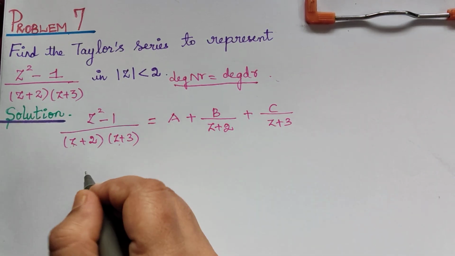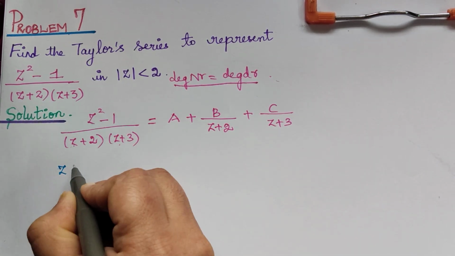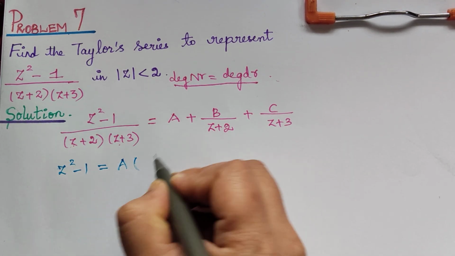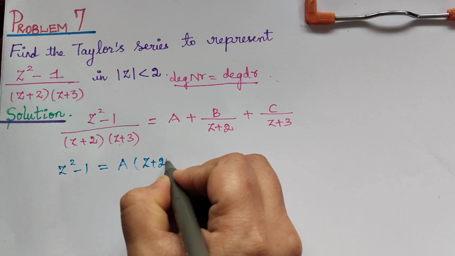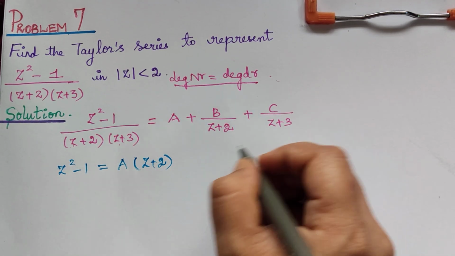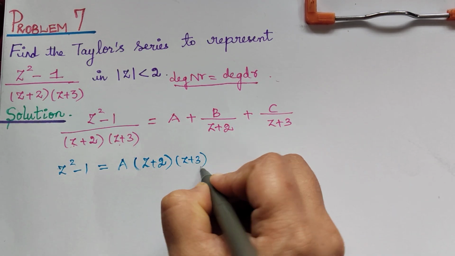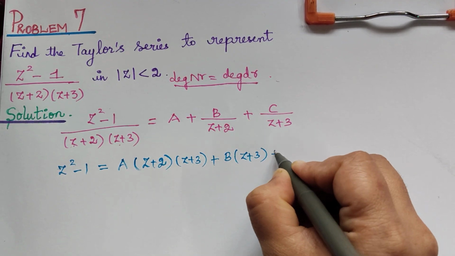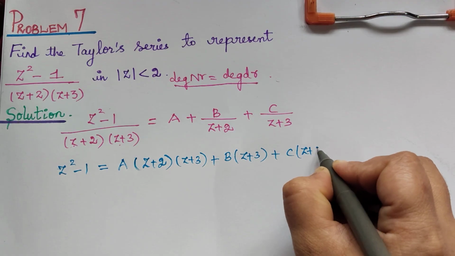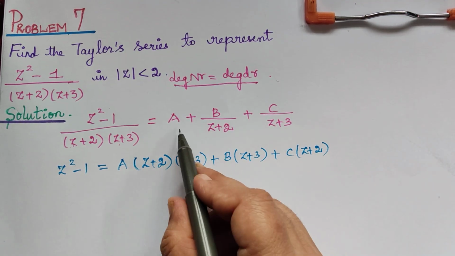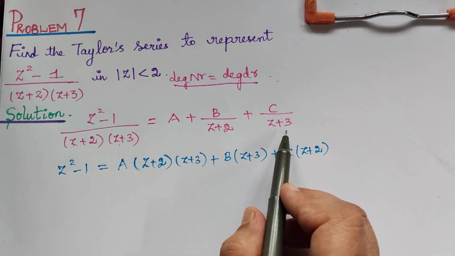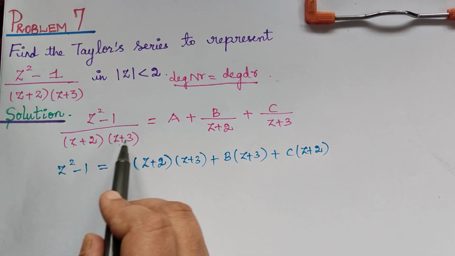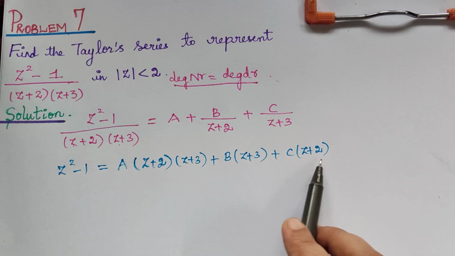Now taking LCM on the right, we will be getting z square minus 1 equal to a multiplied with (z plus 2) multiplied with (z plus 3), plus b multiplied with (z plus 3), plus c multiplied with (z plus 2). This is by partial fraction, and the denominator, (z plus 2) multiplied with (z plus 3), will get cancelled since the denominator of the left hand side is also the same. So we will be left with this.